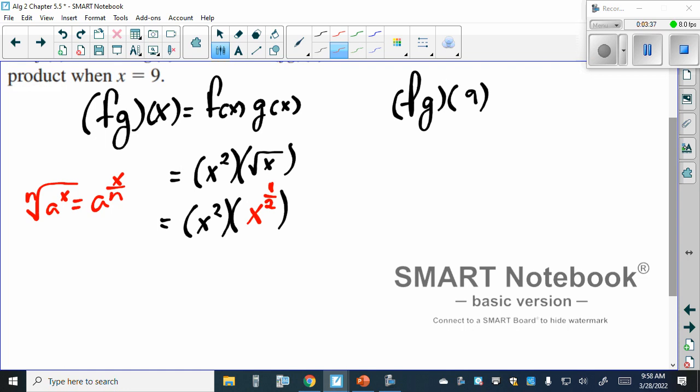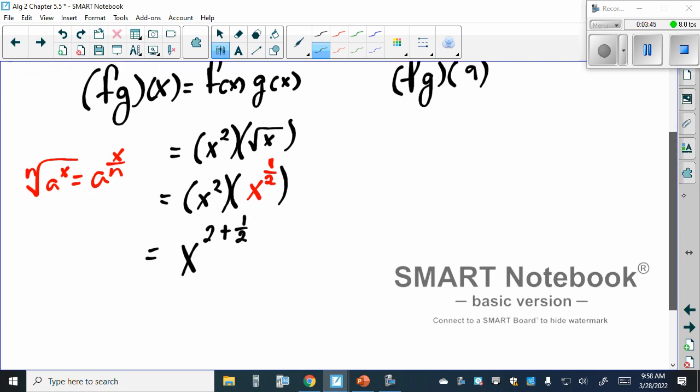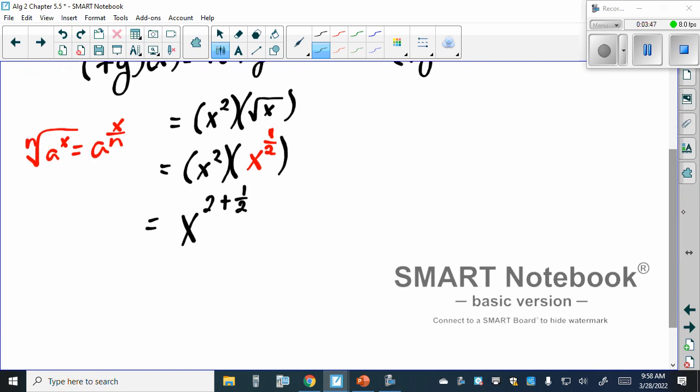Now we can actually multiply these together, and when we multiply like bases, we add the exponents. So for us here, we'll have 2 plus 1/2. We could do this by hand, or we can do it in the calculator. Either one is fine. We just needed to leave it as a fraction, not as a decimal.